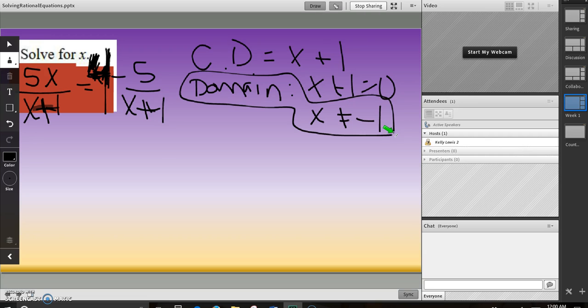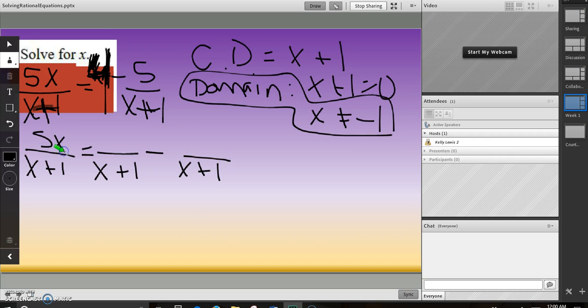All right, so everything needs to have x plus 1. This has x plus 1, so I'm going to leave it alone. This 4 is 4 over 1, so I'm going to have to multiply the top and the bottom by x plus 1. So I get 4 times (x plus 1).